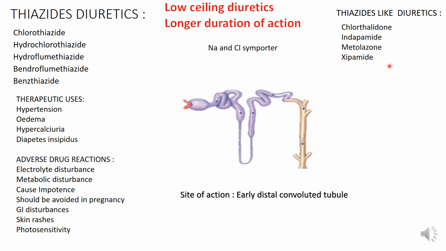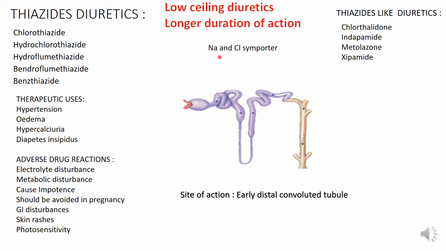Now moving onwards, we have its site of action. Where does the thiazide act? The thiazide acts on the early distal convoluted tubule. Over here they block the sodium chloride symporter and thus excrete sodium, leading to hyponatremia, which is its adverse effect. It also causes hypokalemia. Why? I'm going to discuss that.